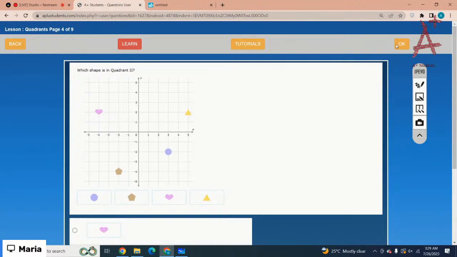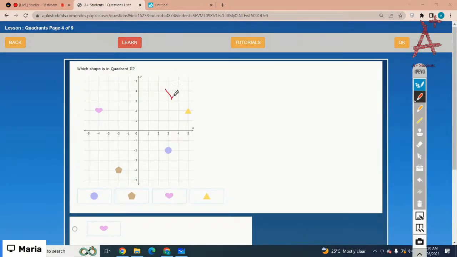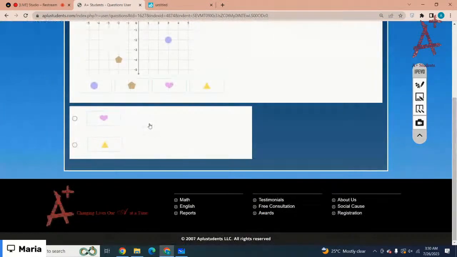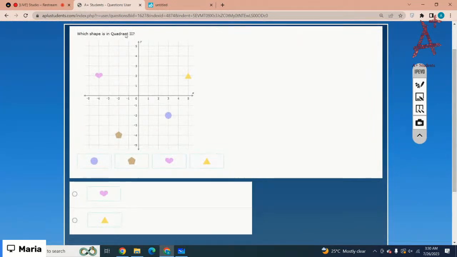In the third quadrant, you have a pentagon. This is quadrant 1, this is quadrant 2, and this one is quadrant 3. So in quadrant 3, you have a pentagon. So the correct option is the pentagon. Sorry, in quadrant 2, you have the pink heart. So the correct option is the heart.